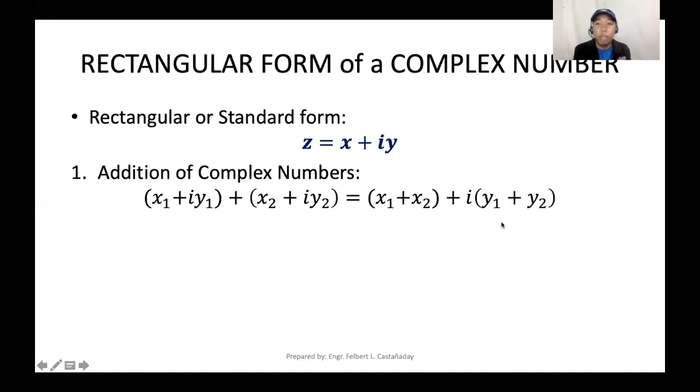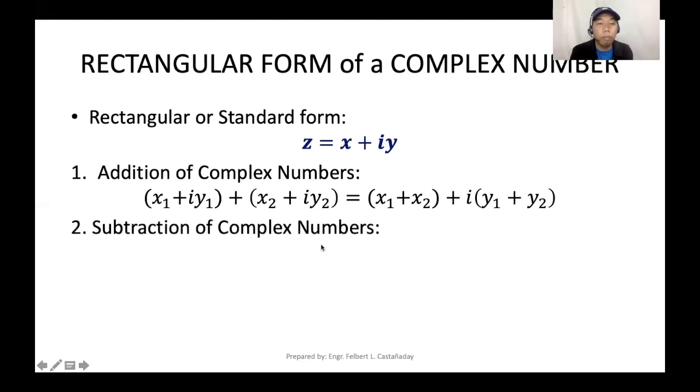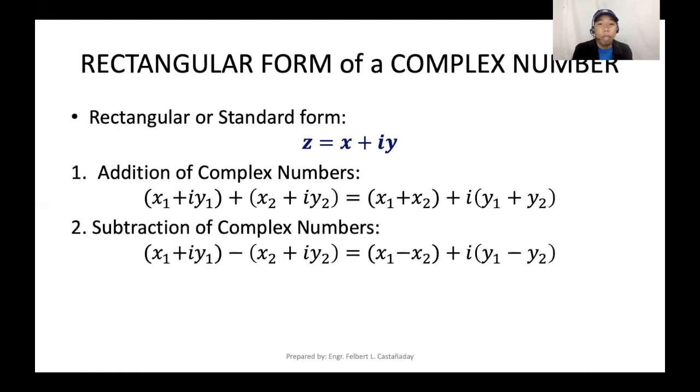This is how you determine the sum of the complex numbers. And the same idea for subtraction: we subtract the like terms, x sub 1 minus x sub 2, plus the difference of the imaginary parts, y sub 1 minus y sub 2.